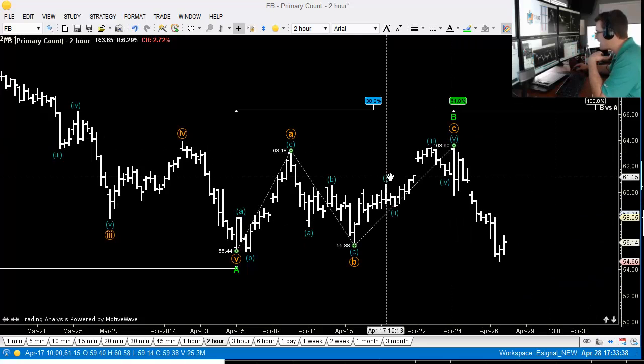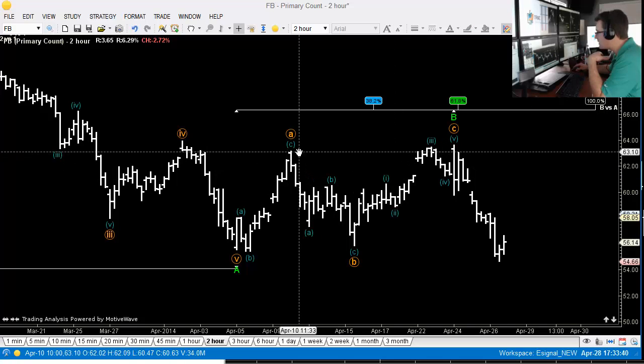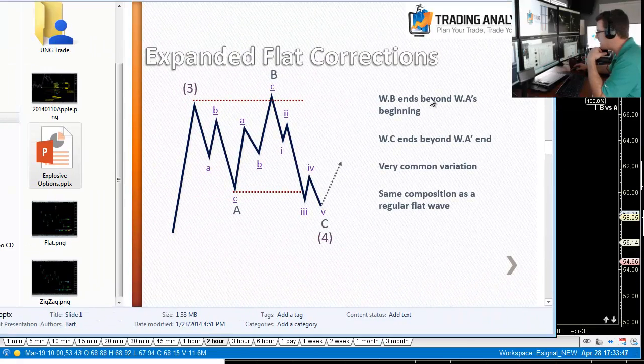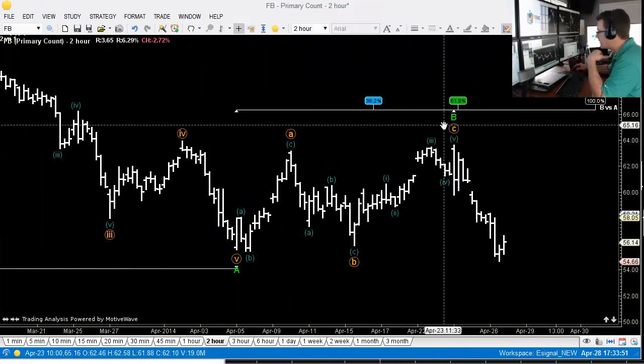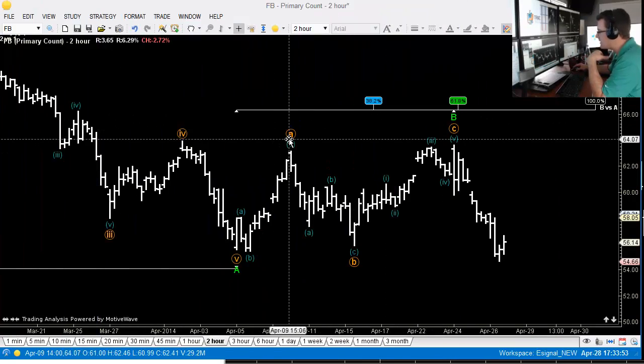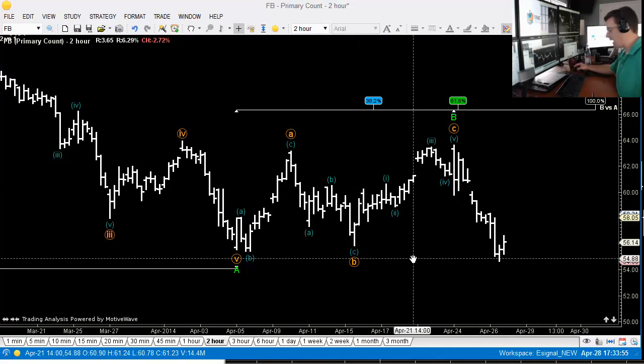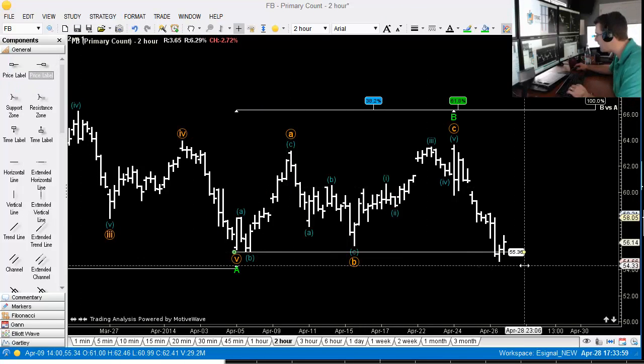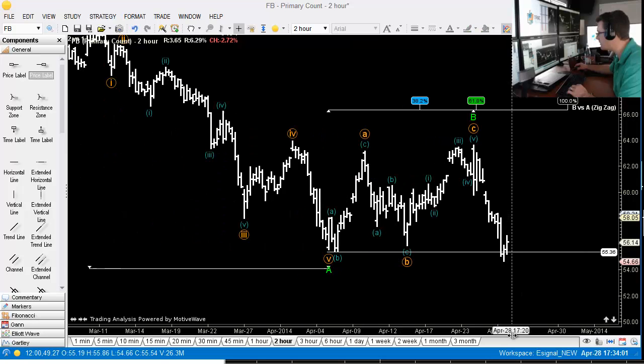So what a nasty gap up just above the A wave high. But we know from the common variations that generally the C goes beyond the end of the A wave. C goes beyond the end of the A wave, and that was the end, and we're heading down, testing the A wave low along with the B wave low right around $55.50.